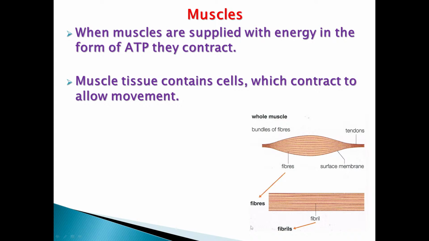That is because in order for this muscle to attach to a bone, it's not going to attach by itself. So the ends of muscles normally branch off into what are known as tendons, and this is what allows the muscle to connect to the bone itself.